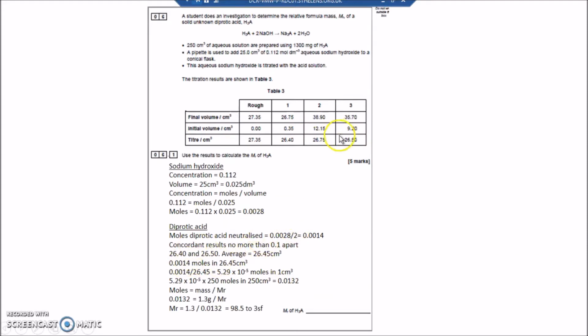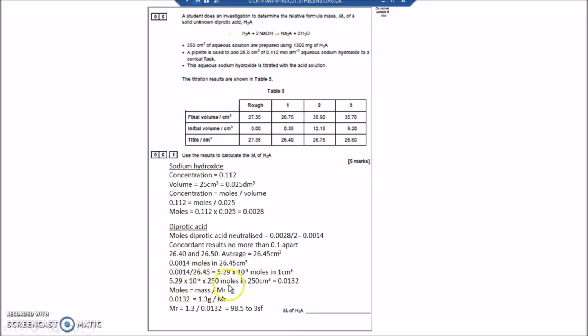So, I know how many moles I've used to react with the sodium hydroxide, that's 0.0014 moles, and that's in 26.45 centimetre cubed. So concentration is, I can work out here, I've got 0.0014 moles in 26.45 centimetre cubed, so I can work out by dividing by 26.45 centimetre cubed how many moles there are in 1 centimetre cubed, and then if I multiply by 250, I can work out how many moles are in the 250 aqueous solution that I started out with.